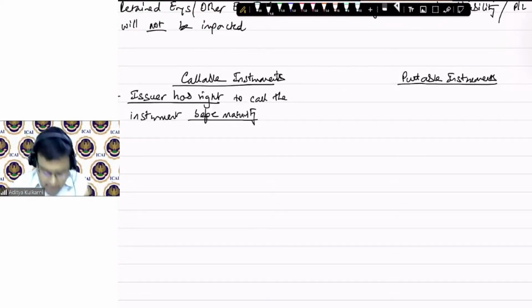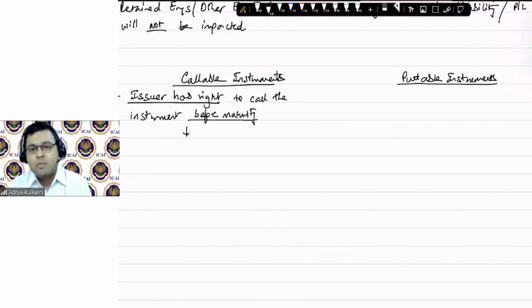Now you tell me, if the issuer has a right to call the instrument, then is this option favorable to the issuer or is it favorable to the holder? Tell me. It is obviously favorable to the issuer.